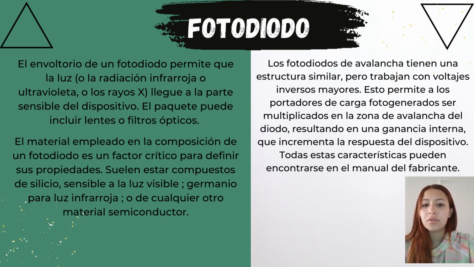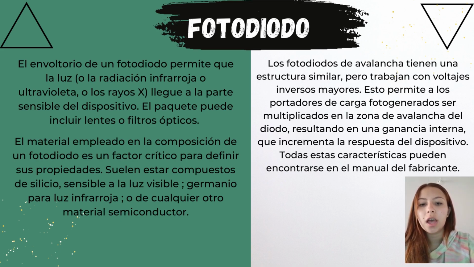The casing of a photodiode allows light to reach the sensitive part of the device. The package may include optical lenses or filters. The material used in the composition of the photodiode is a critical factor in defining its properties. They are usually composed of silicon, sensitive to visible light, germanium for infrared light, or any other semiconductor material.